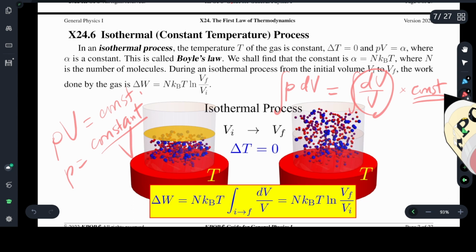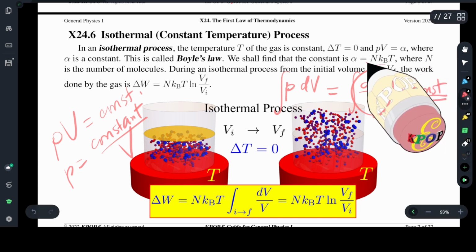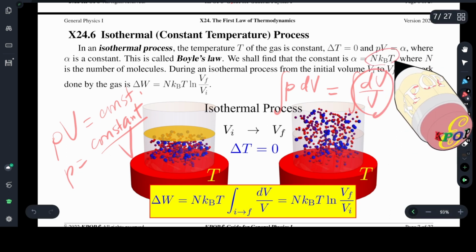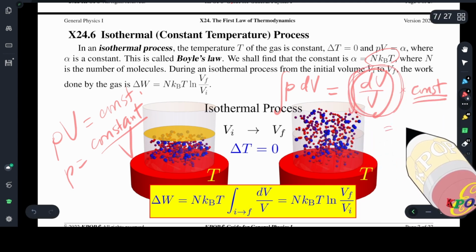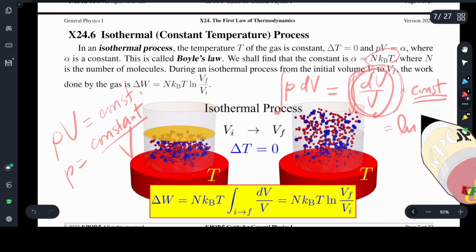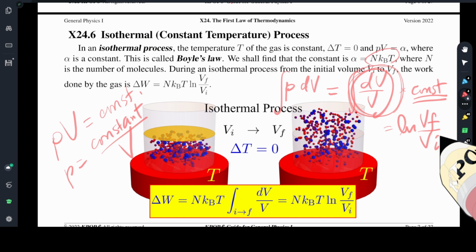Later, in the next class, we study the ideal gas law. We will find that this coefficient is N k_B T. So we have the natural log of the final volume divided by the initial volume. So this is the isothermal process.